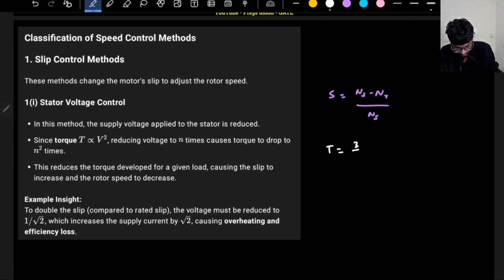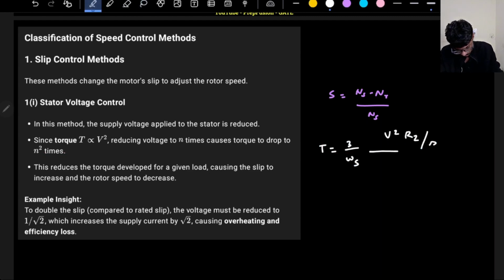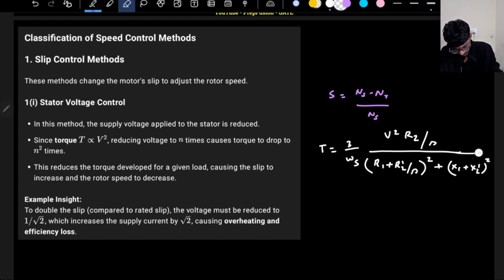Torque is equal to 3 by omega s into V square into R2 divided by s, divided by (R1 plus R2 by s) whole square plus (x1 plus x2) whole square.